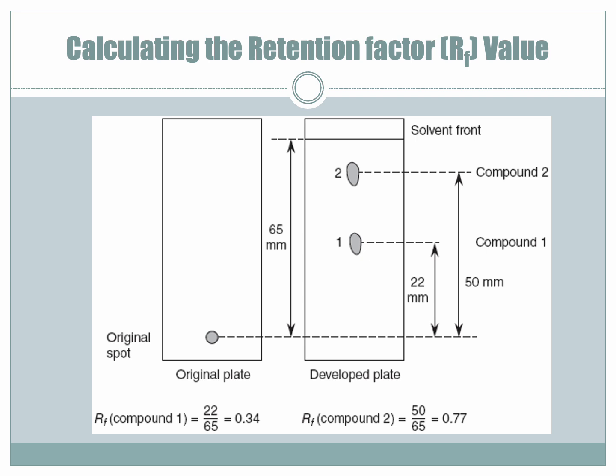So we'll have the total difference between the beginning line and the solvent front, and then the distance between the beginning line and compound 1, and then the distance between the beginning line and compound 2. And if you divide the distance that the spot traveled over the distance the solvent traveled, that gives you the retention factor. So it will always be a number between 0 and 1. If your spot is on the solvent front, then your RF value is 1. If your spot is on the beginning line and it didn't move at all, then your RF value is 0.